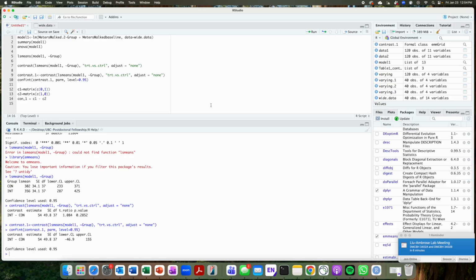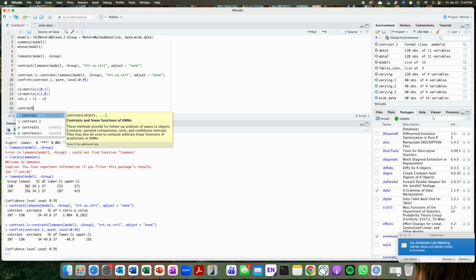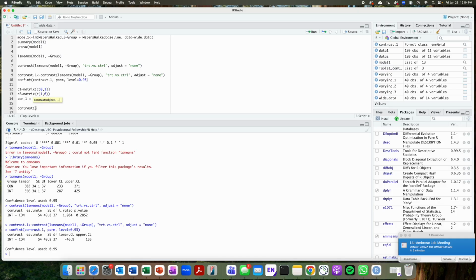Okay, so now we have all that set up, and all we're going to do is call that contrast using the same statement that we used before. So we're now going to use contrast ls means, but this time, rather than calling the complete model that we did before, there's going to be one little difference.